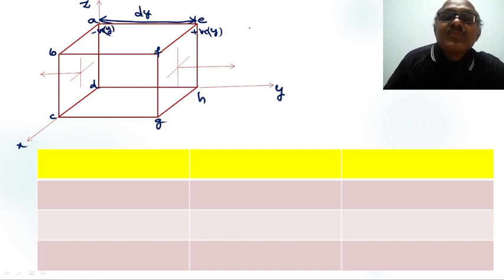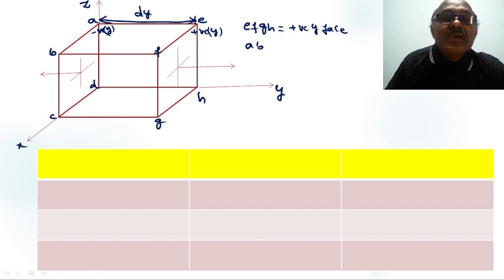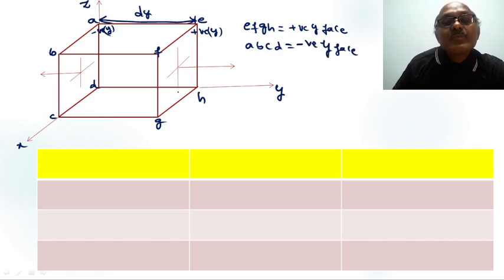Now here is E, F, G, H, the positive y face. Again, A, B, C, D is the negative y face, my dear students. Now, in this direction, it is perpendicular to the positive y face, so this is sigma y plus.